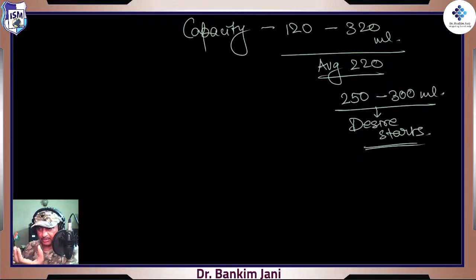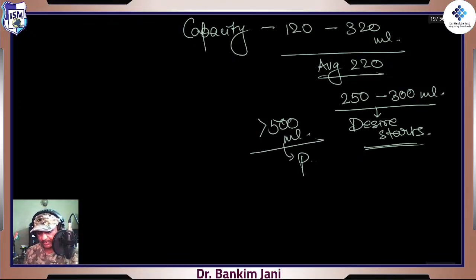But still, the detrusor has the capacity to relax, and the bladder keeps on enlarging. It keeps on getting filled. But when it is more than 500 ml, then those stretch receptors come into the picture, and that's where the pain starts. So it becomes painful, and that pain gives lower abdominal pain.